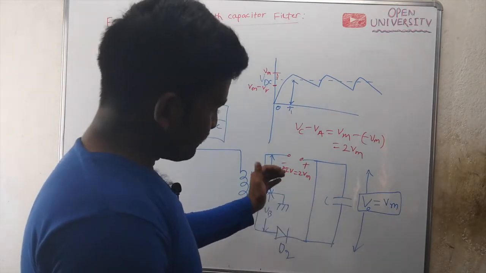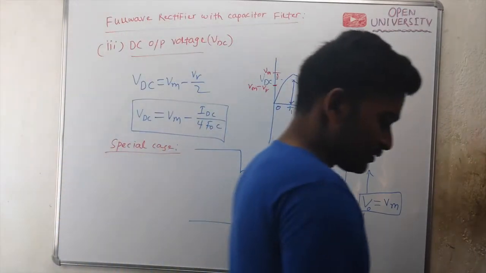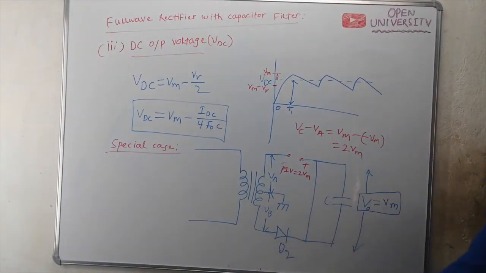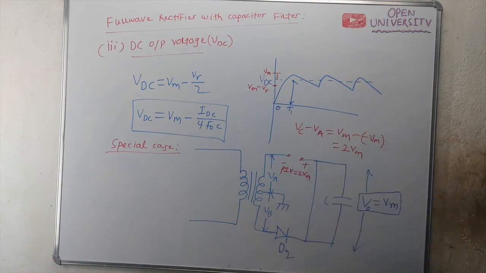Now the same center tap full wave rectifier with a capacitor. Now the peak inverse voltage also remains the same at 2 Vm.